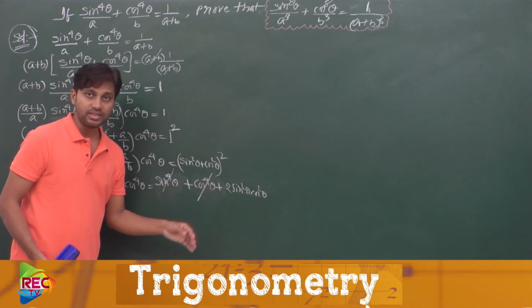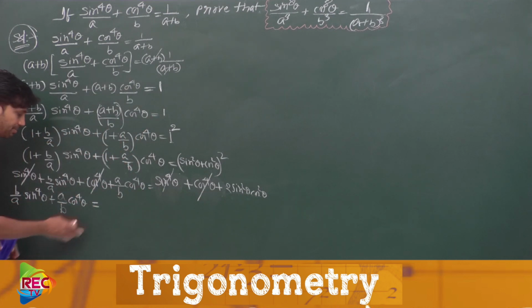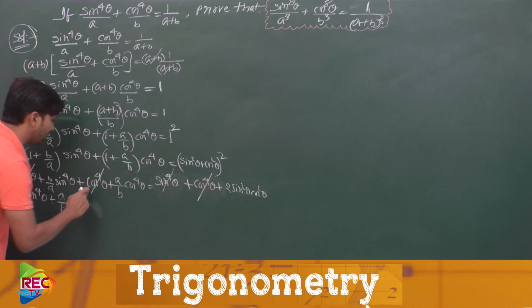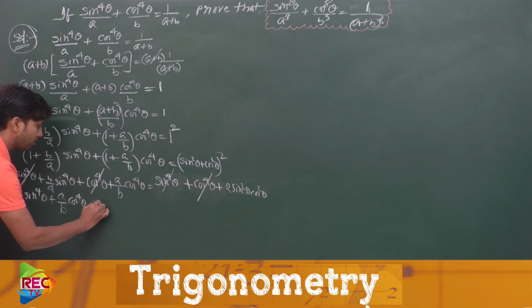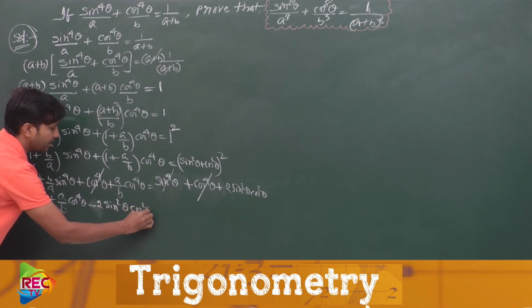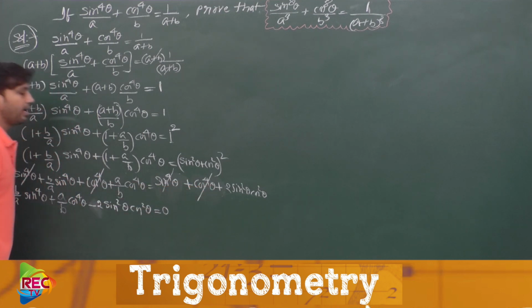On that side it is plus. If you bring this to the LHS, it becomes minus, or not? Yes, when you bring this term to this side, it becomes minus: 2 sin²θ cos²θ. Nothing is left over on the RHS. Now this is somewhat simplified.